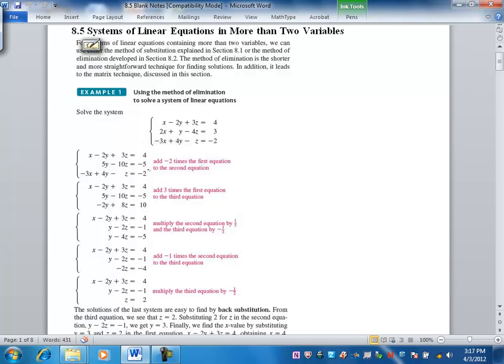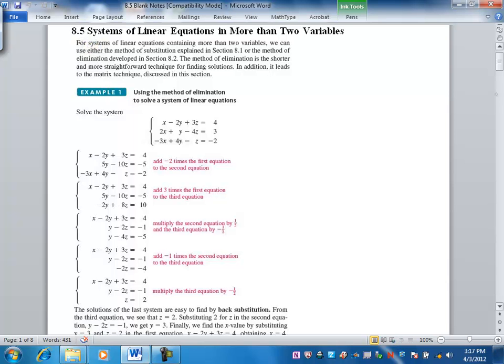And so we added -2 times the first equation to the second equation. That's how we got this. And then working from this set of equations, we added 3 times the first equation to the third, and so forth and so on.